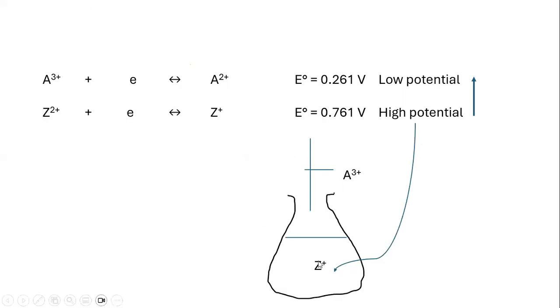Okay, so when you add A3 plus, as soon as you add it, it's going to be converted to A2 plus. So in the flask, you don't have the A2 plus, A3 plus system, but you have only Z plus, Z2 plus, and A2 plus only.